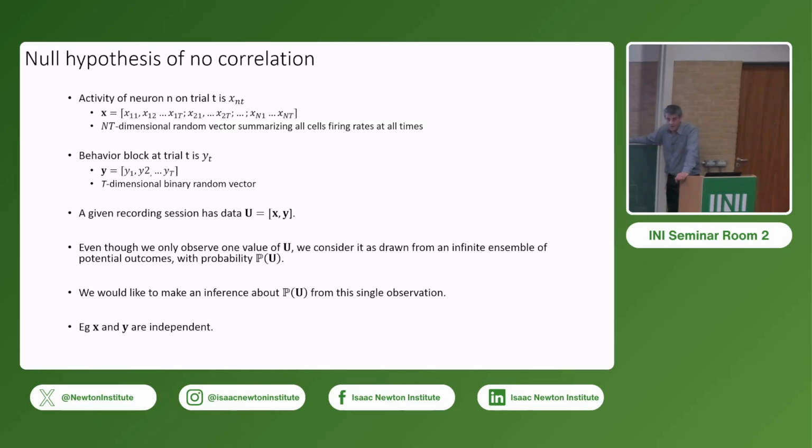Why do you test this marginal independence of neuron activity and behavior? I mean, presumably the behavior is driven by the neuron activity. Well, not that often. Yes, but now we're going to do this for particular populations of neurons.